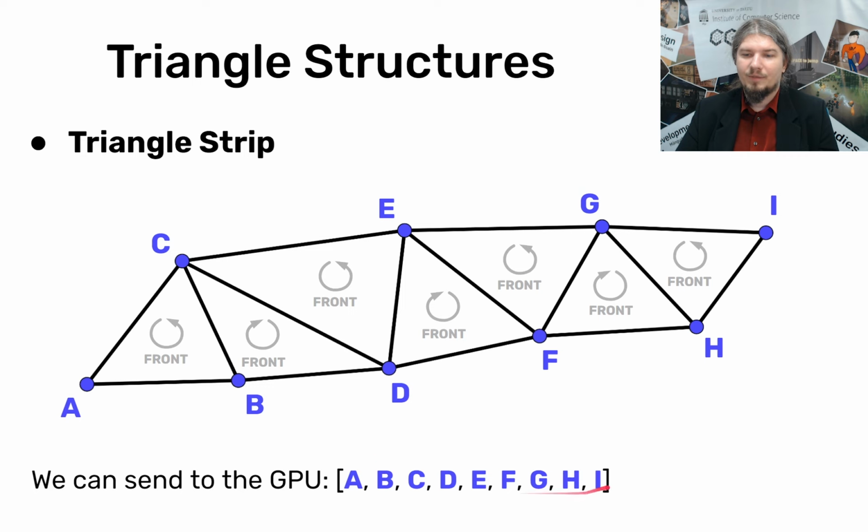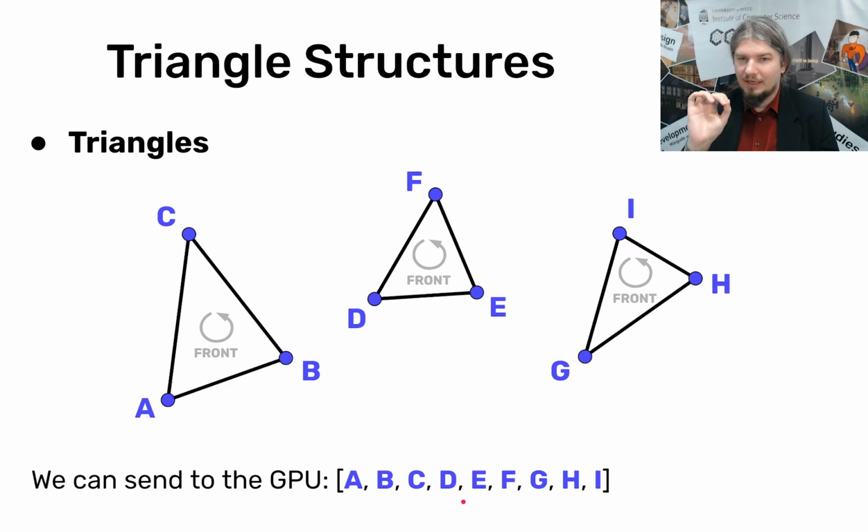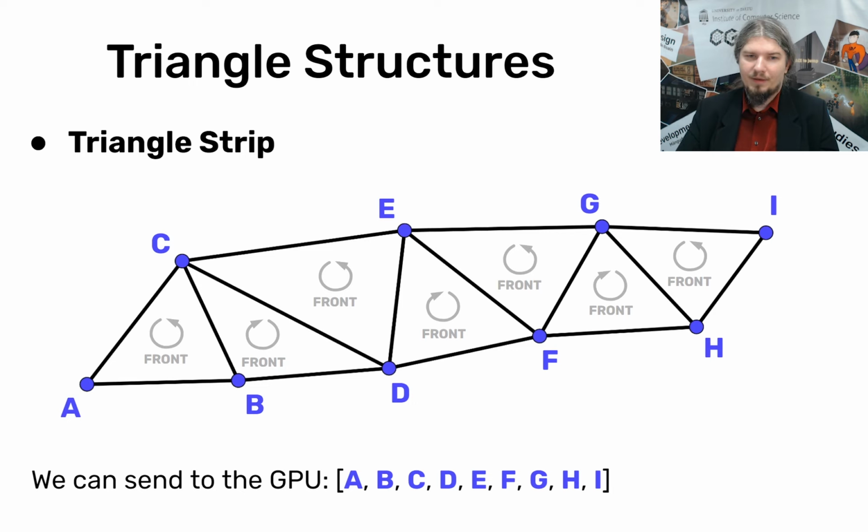But we say that these coordinates now denote a triangle strip, not triangles. And then it will render these triangles to you. And these triangles will be connected to each other.